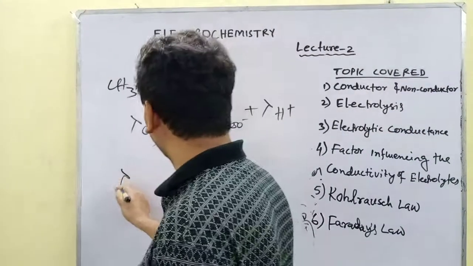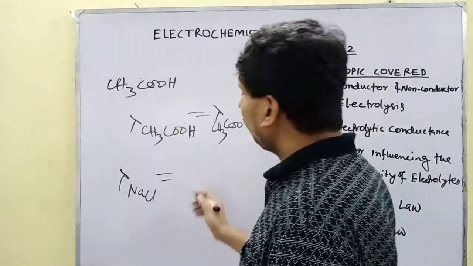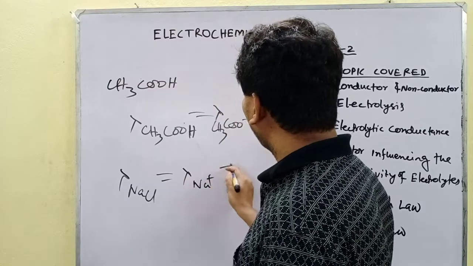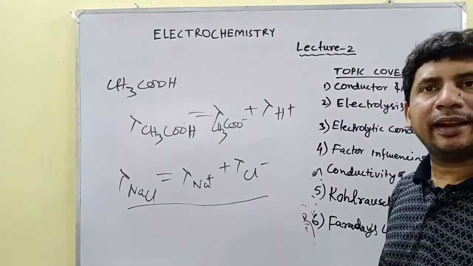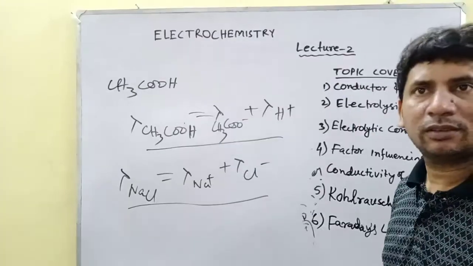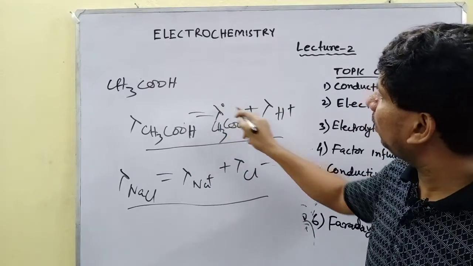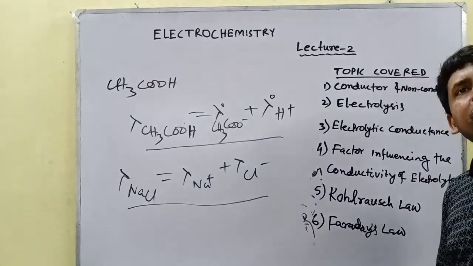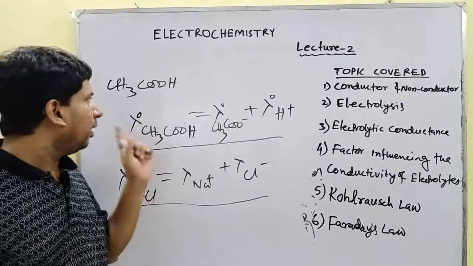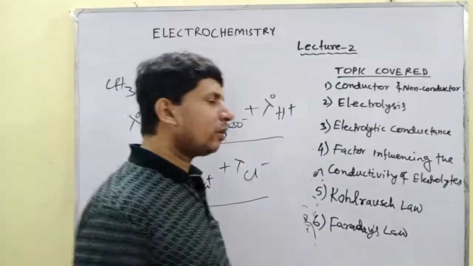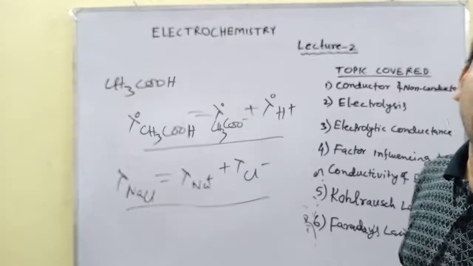it will be like lambda of NaCl. We can readily convert that to lambda of Na plus plus lambda of Cl minus. We can always write it, but this is not always valid. This condition is only valid if it is lambda 0, for infinite dilution. Okay, so for infinite dilution, total lambda equals the summation of the cation plus anion of the electrolyte.